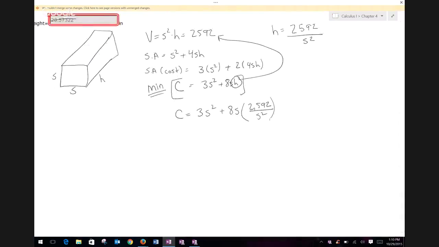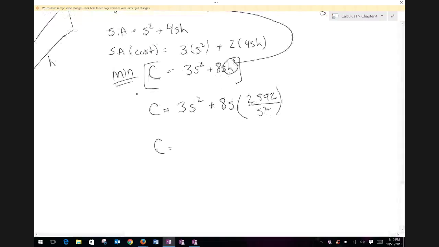Cleaning this cost function up a little bit, I end up with 3S squared plus 20,736 over S.